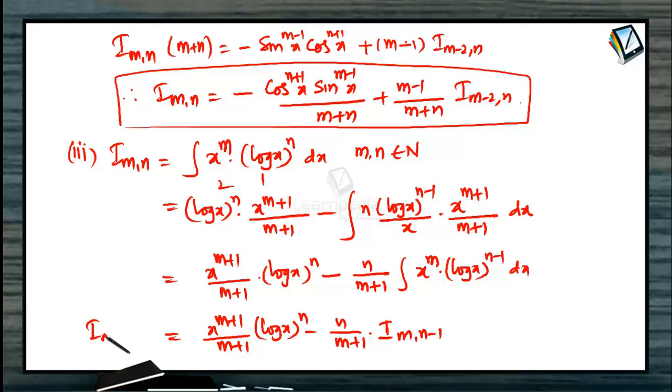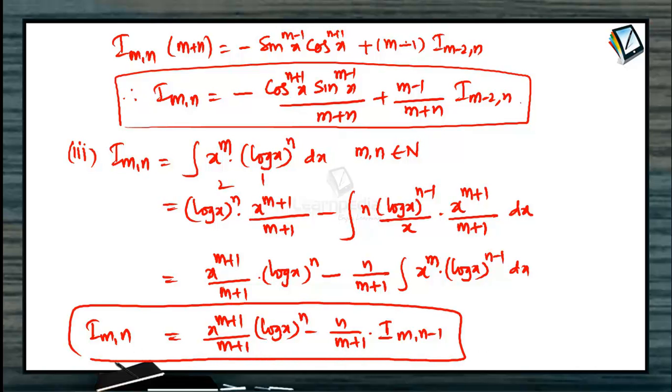So Imn can be written like this: x^(m+1) by (m+1) (log x)^n minus n by (m+1) I(m, n-1).